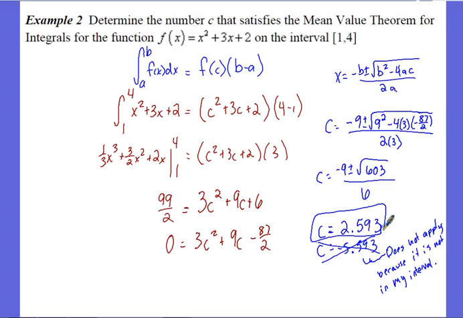Okay? Yes, this is like my average x. So this is what the mean value theorem helps me do. The mean value theorem helps me find that one number, possibly maybe happens twice, where it actually equals the average. And that's what you're doing with the mean value theorem.